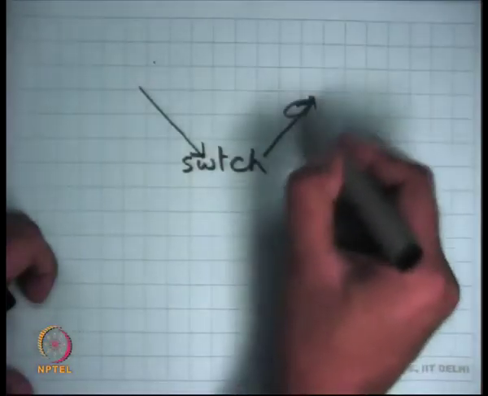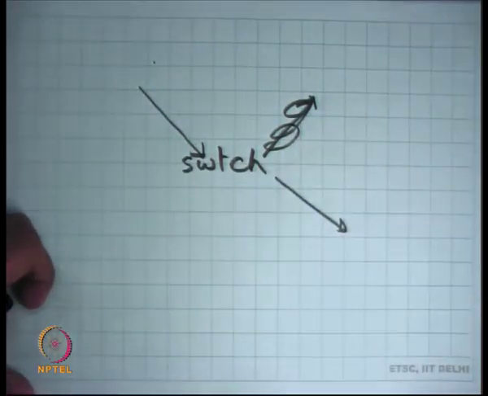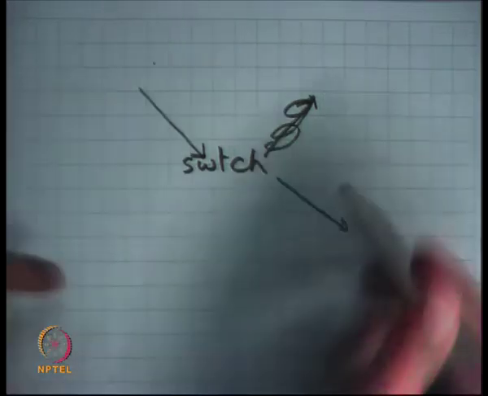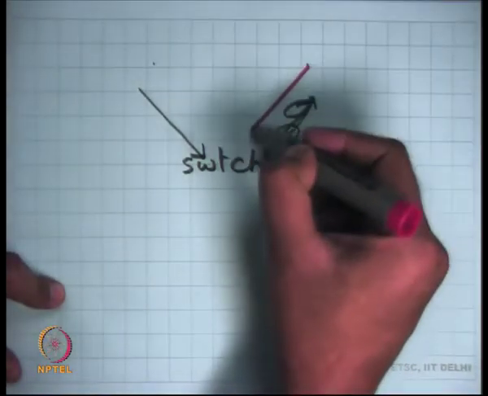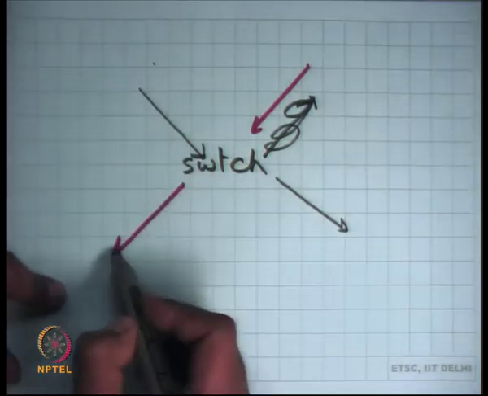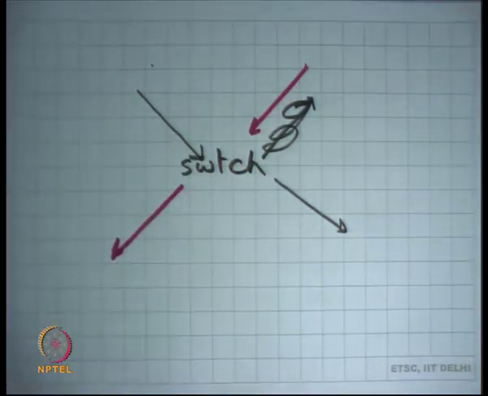Let me draw it like this. At some point later this thread is going to call switch again, and return is going to happen here. So this is a special function where the caller doesn't get to see the return. And that's how you implement the context switch.